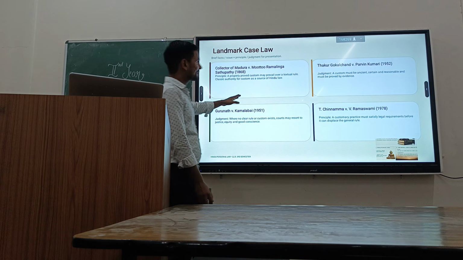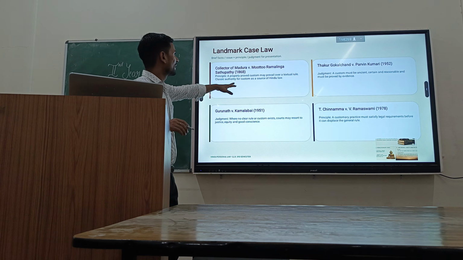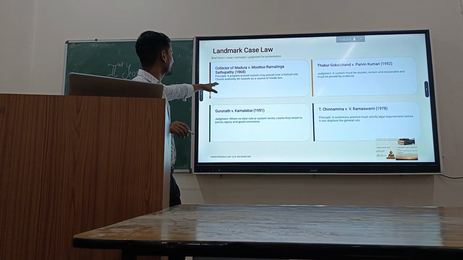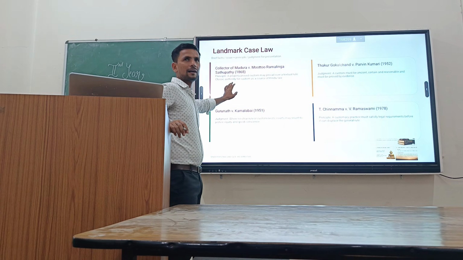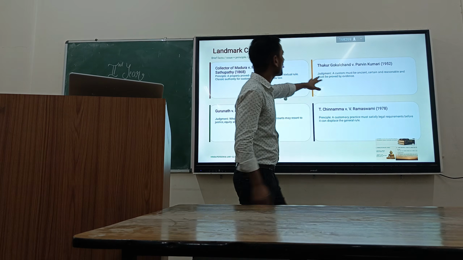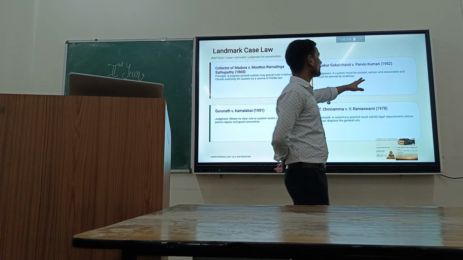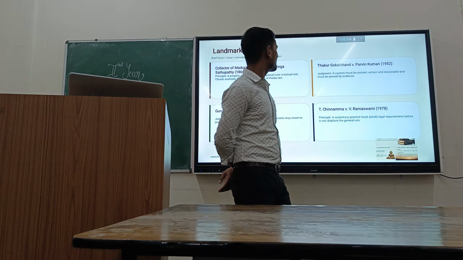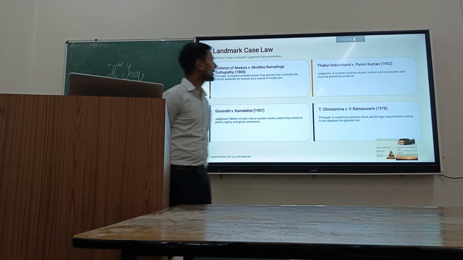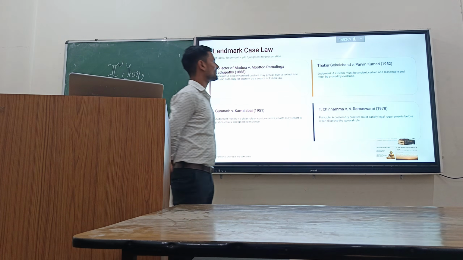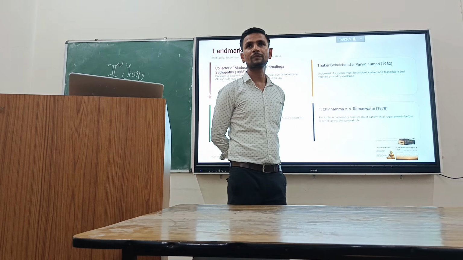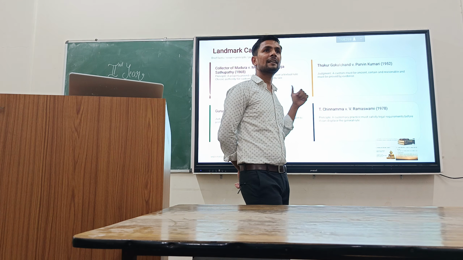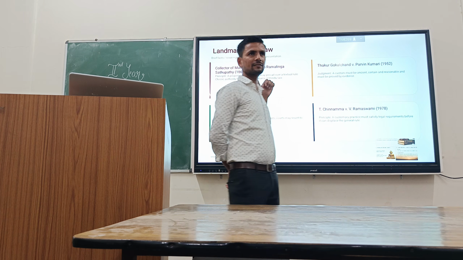Now, landmark cases: Collector of Madura versus Muttu Ramalinga Sethupathi, 1861, was discussed. Then we have Thakur Bhopal versus Parveen Kumari, 1952. In this judgment, a custom must be ancient, certain and reasonable and must be proved by evidence, the different requisites of custom we saw in the last slide.